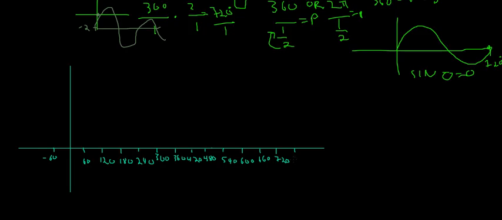Then let's give this one more: 780, and then 840. They're all in degrees. And on the negative side: 420, 360, 300, 240, 180, 120, 60, and negative 60. They're all, my bad, in degrees.